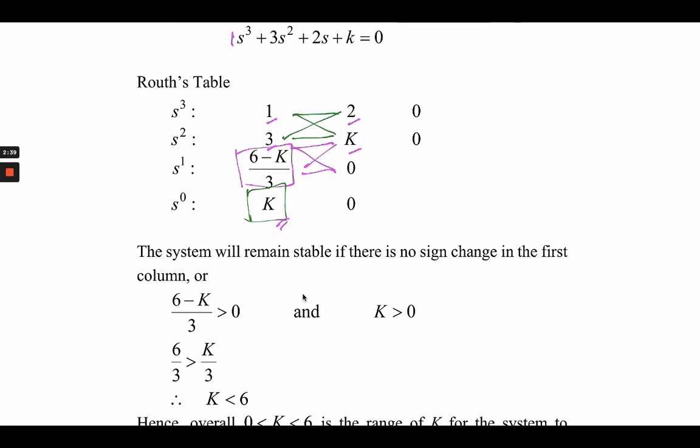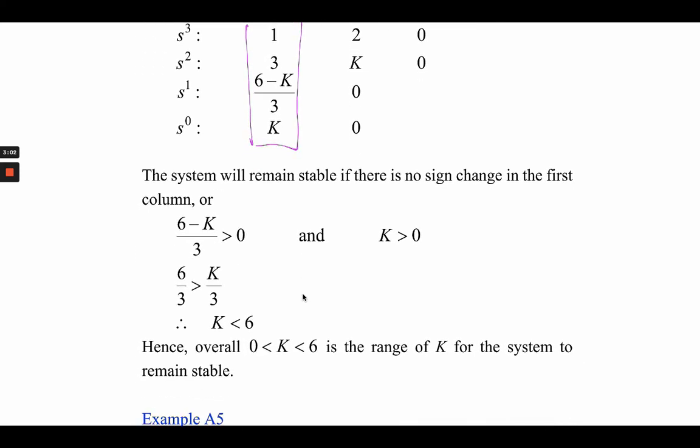To find the stability of the system, we see if there is a change in the first column. So what we have is 1, 3, (6 - k)/3, and k. For the system to remain stable, there should be no sign change in the first column. Thus k must be greater than 0, and also (6 - k)/3 must be greater than 0.